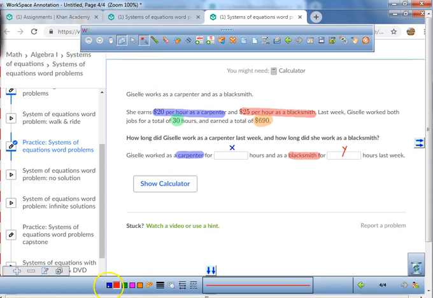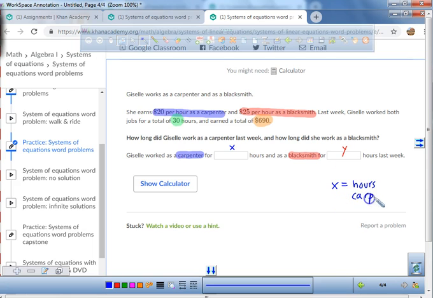Okay? So just remember, what does X represent? It represents hours of the carpenter, right? So X equals carpenter hours. But Y equals the blacksmith hours.